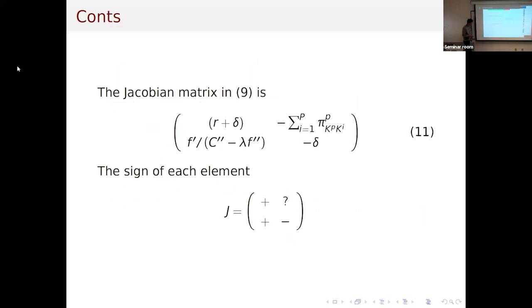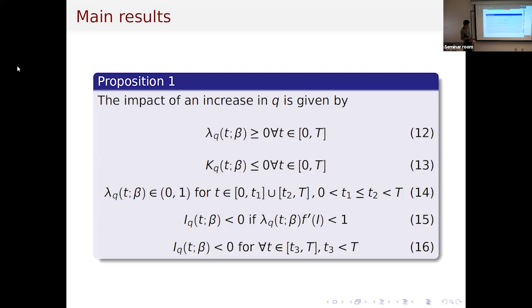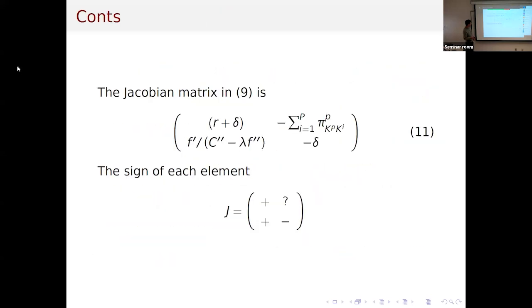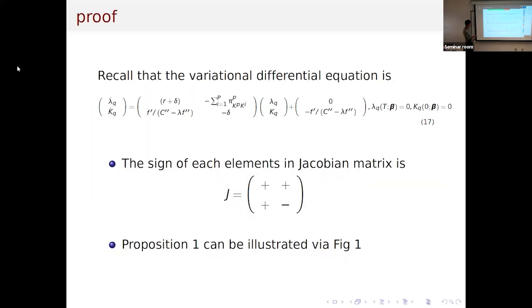Why does lambda Q equal 1 come in? This is from math, because we might have some problem right here.